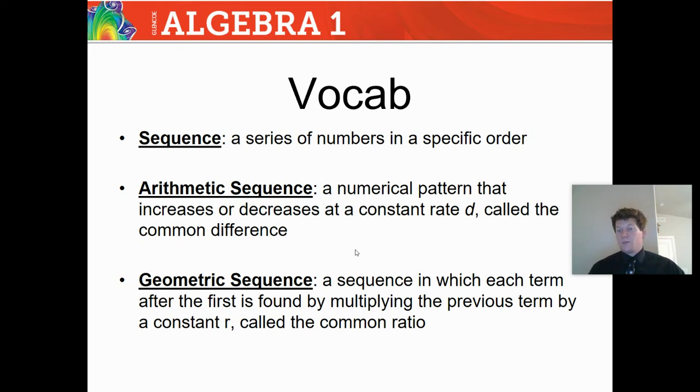It is found by multiplying the previous term by a constant r, which stands for common ratio. So basically, to sum it up, with arithmetic sequences, we're either adding or subtracting to get the next number, while with geometric sequences, we're either multiplying or dividing, which you're going to see as multiplying by a fraction, to get the next number.